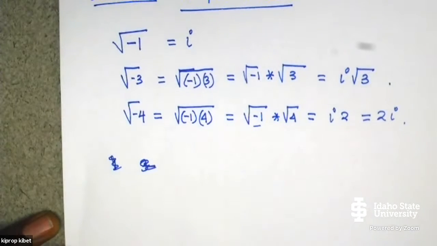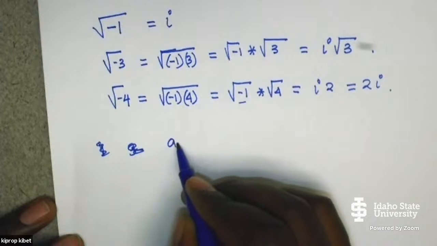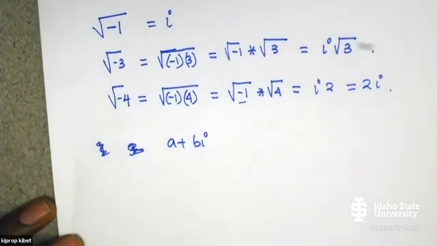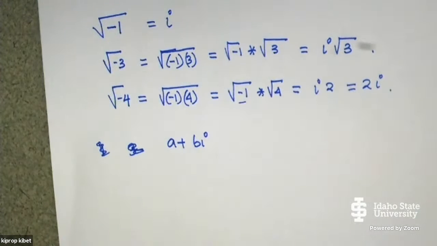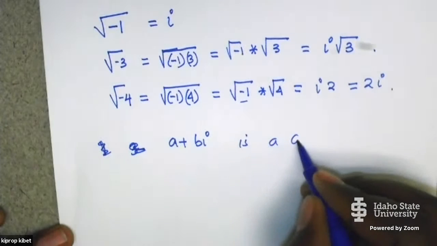Before we go to this, A plus Bi is also a complex number.